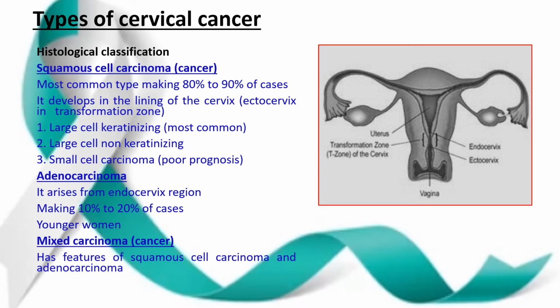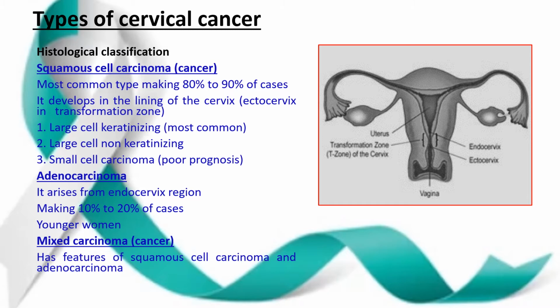Types of cervical cancer. Histological classification. Based on histological classification, we come across squamous cell carcinoma. Squamous cell carcinoma is the most common type of cervical cancer, making up around 80 to 90% of cases.